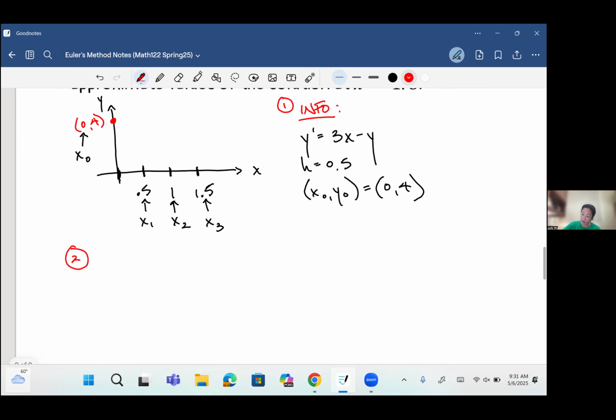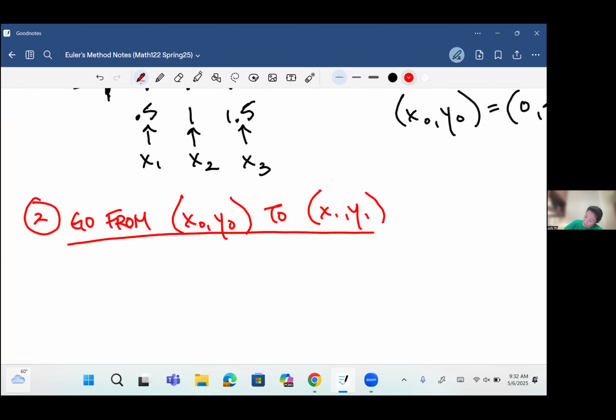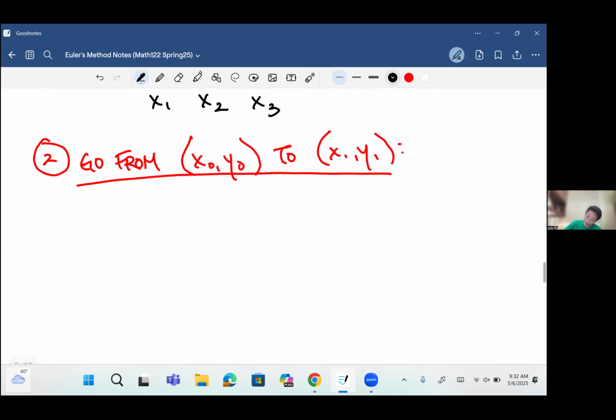Okay? All right, so let's start by figuring out how to go from x0, y0 to x1, y1. Okay, and maybe that's a better way to describe the step first. So go from x0, y0 to x1, y1. Okay, all right, so let's write down our equation for that slope.